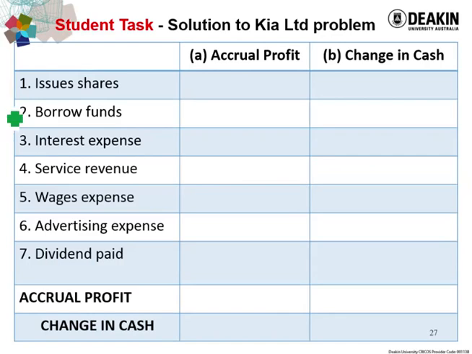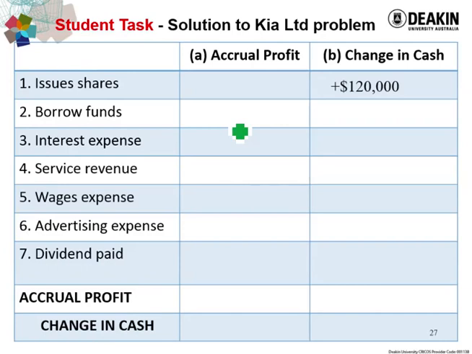First of all, when a company issues shares, how would you classify share capital? Share capital is actually a form of equity. It does not affect revenue. It does not affect expense. So there is no effect on accrual profit. When you issue shares, you receive cash from shareholders, so plus 120k under the cash column.